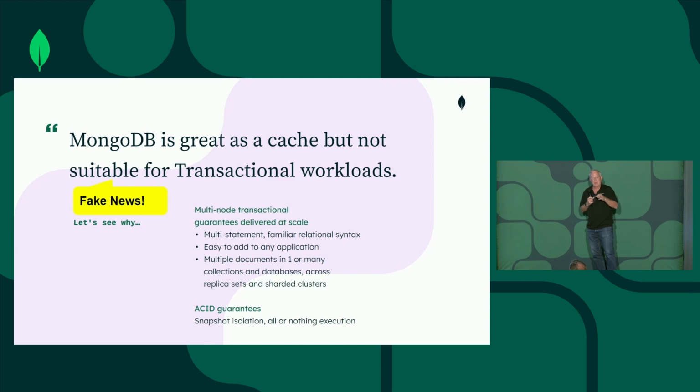We've had ACID compliant transactions for 6, 7 years now in MongoDB, and the original document model, part of the deal with having a rich document structure, meant that it was an atomic save from the get-go, from the beginning. The saving of a single document was always atomic.